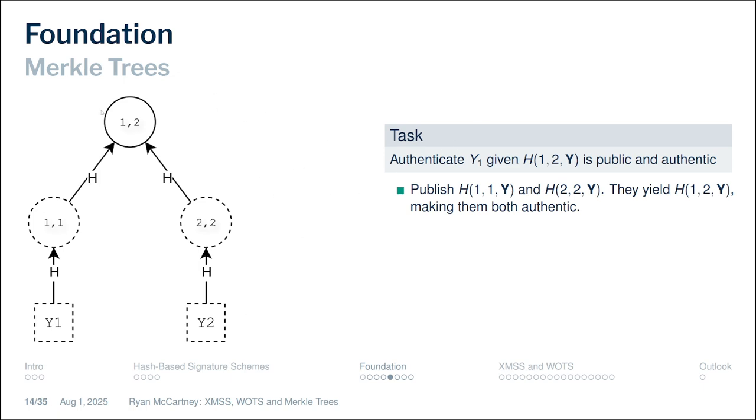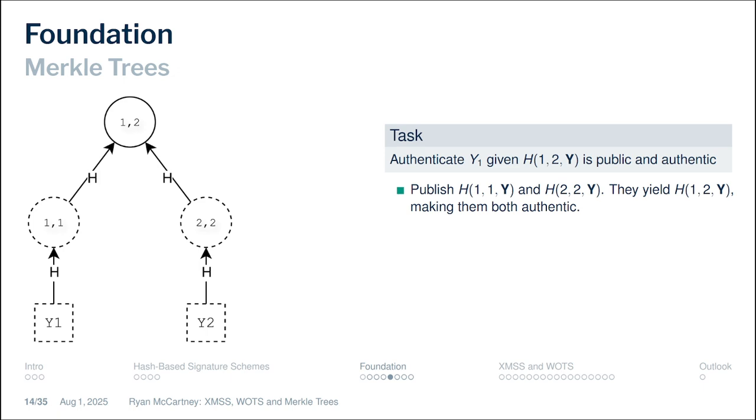And we have this diagram where at the top, this solid surrounding of this node means that we already believe this to be authentic, because we've been given this node through a secure channel by Alice, and these dotted nodes, especially also at the bottom, are nodes that we either don't know or we don't believe to be authentic right now. And in the start, we actually don't know any other nodes than the root node.